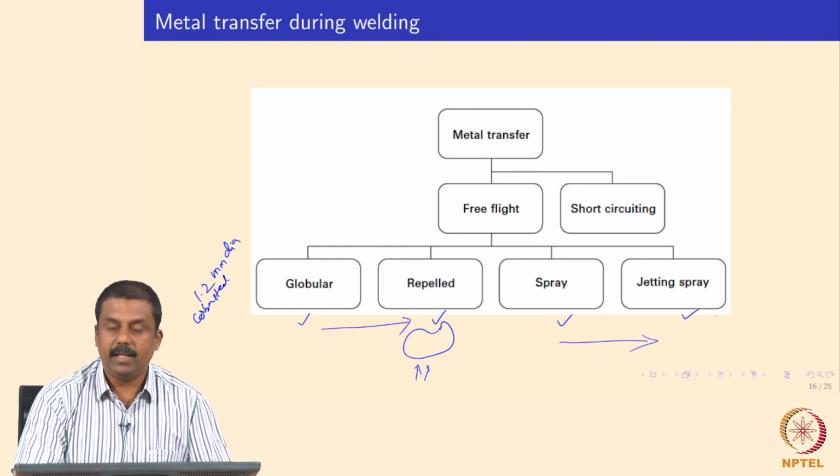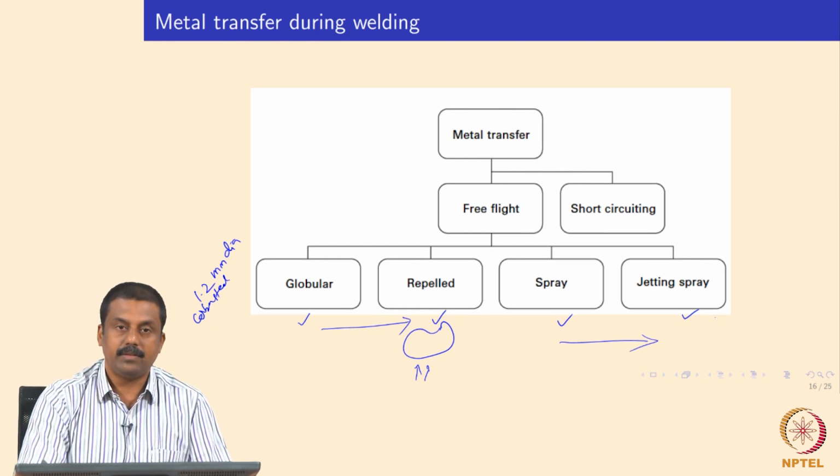So this kind of jetting spray can be used for some coating applications. For example, if you are doing cladding, surface cladding applications where you need very high productivity, you can have a jetting spray induced by increasing the current significantly.